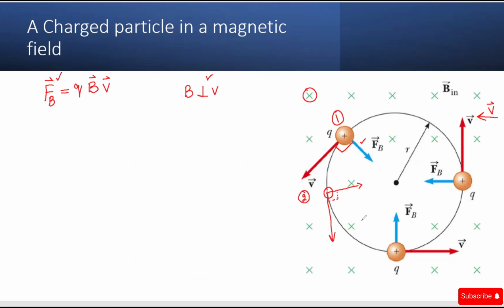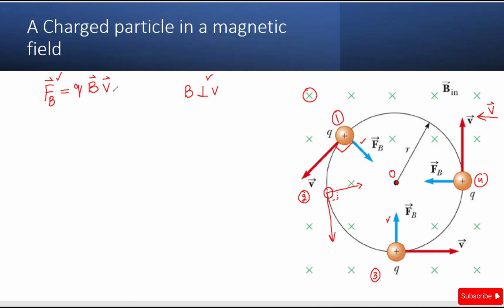At the third point you can again check that the force is along this direction, and at the fourth point it is again towards this point O. So at the end, what would you see? That the charged particle inside the magnetic field is moving in circular motion.